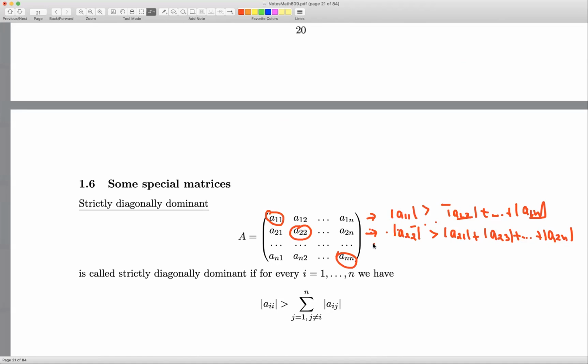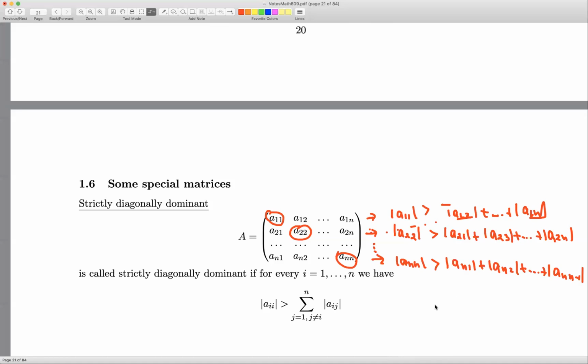And so on. This we do for every row. At the very last, the absolute value of Ann is bigger than absolute value of An1 plus absolute value of An2 plus, and so on, plus absolute value of An,n-1. So if a matrix satisfies this condition, it is called a strictly diagonally dominant matrix.